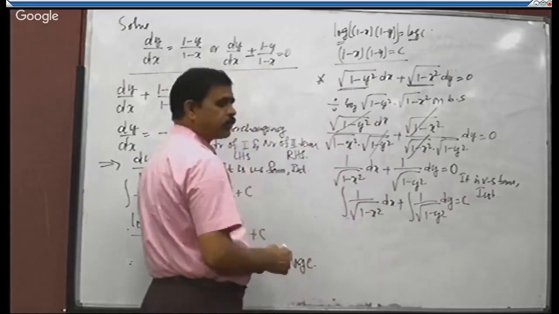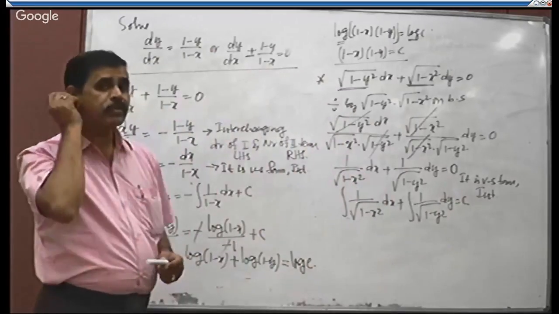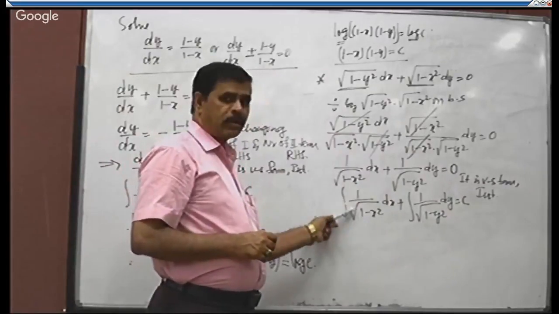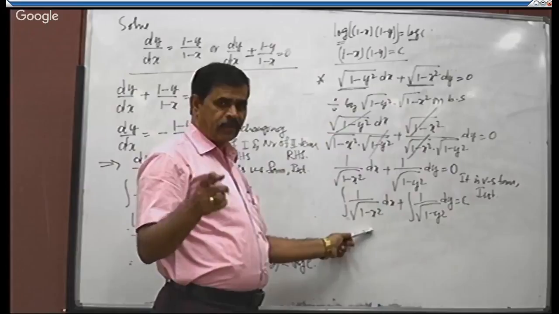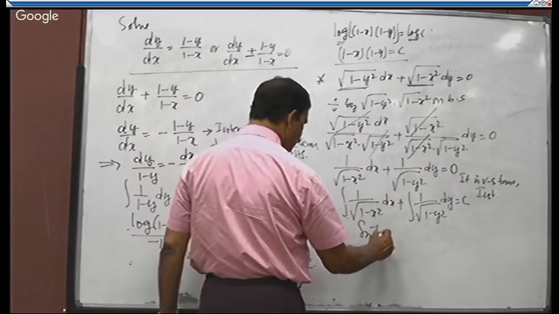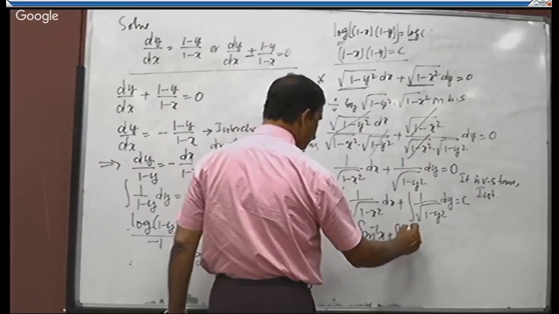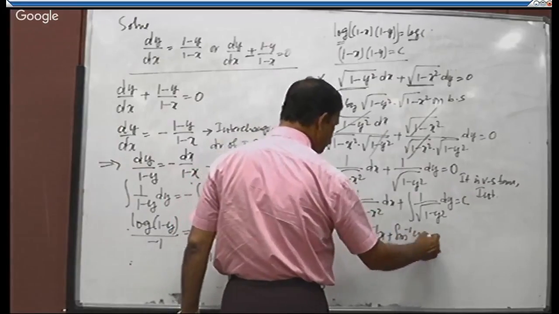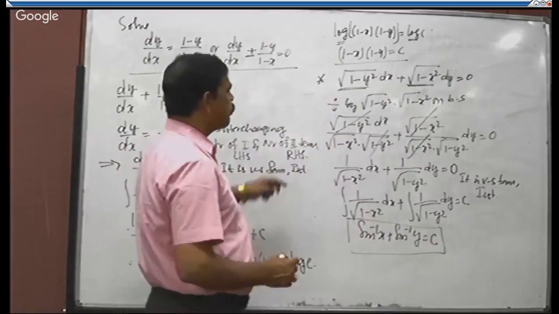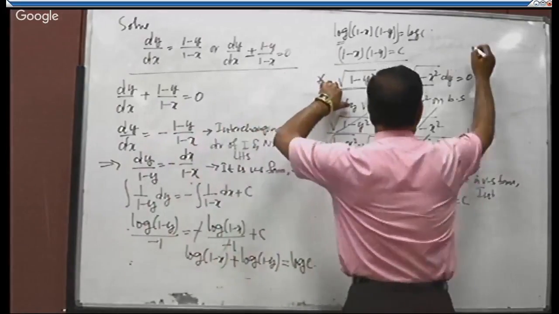What is integration of 1/root of (1 - x²)? It is the derivative of what? It is the derivative of sin inverse x, correct? Therefore, the integration of this is sin inverse x plus sin inverse y is equal to c, right? This is the answer.